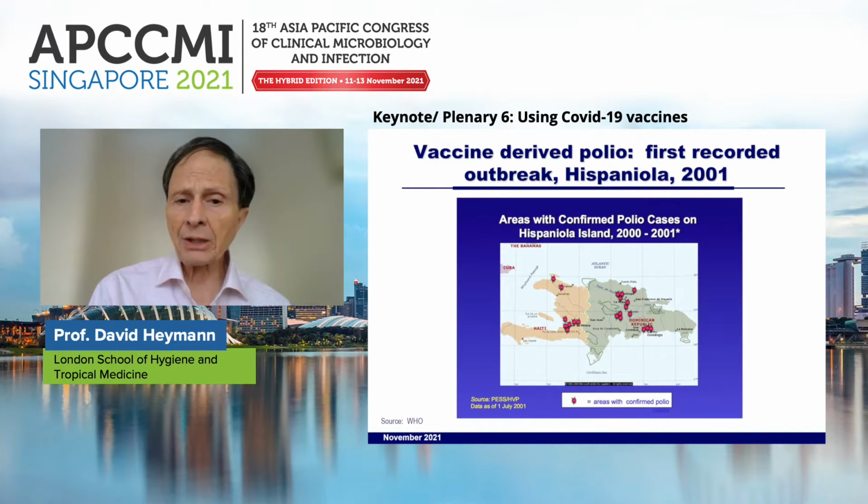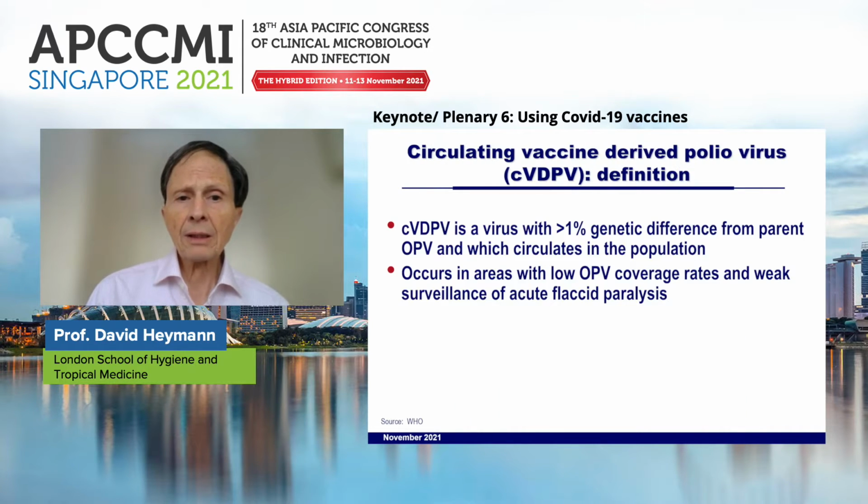And so there was a major outbreak of polio in Hispaniola back in 2000, 10 years after Hispaniola had been certified free of polio. This would turn out to be circulating vaccine-derived polio virus, either through recombination or reassortment. There was a greater than 1% genetic difference from the parent strain. And this occurs, we know today, in areas where there's low polio vaccine coverage and weak surveillance.